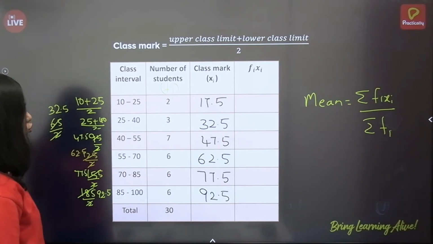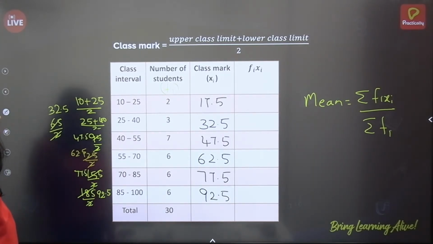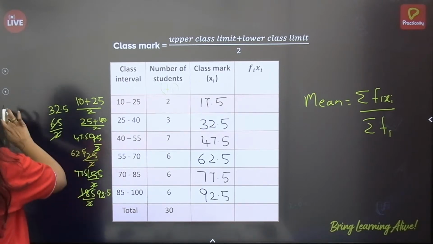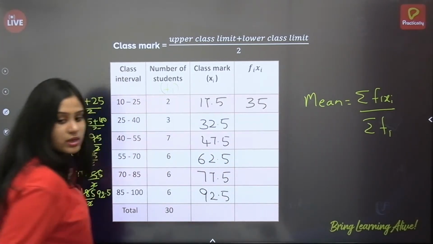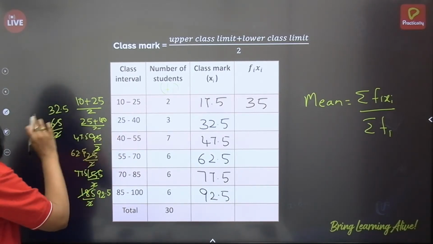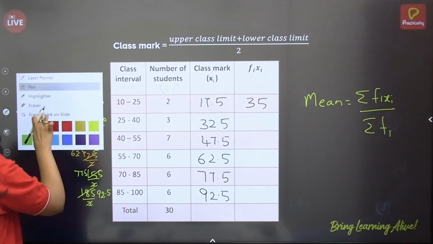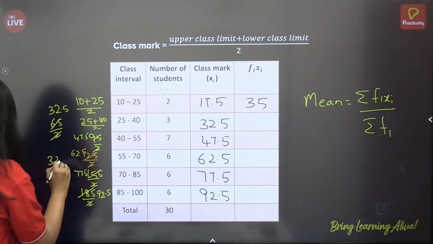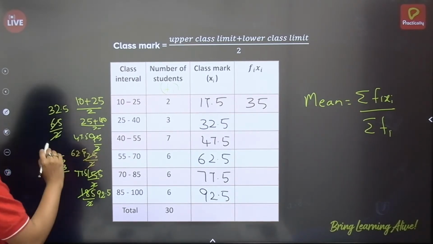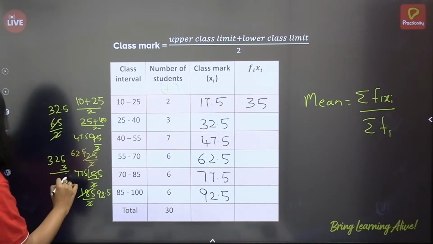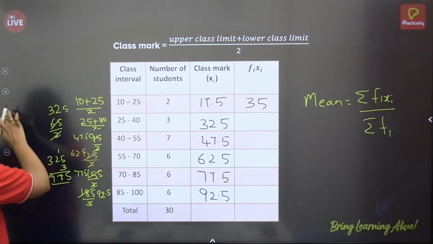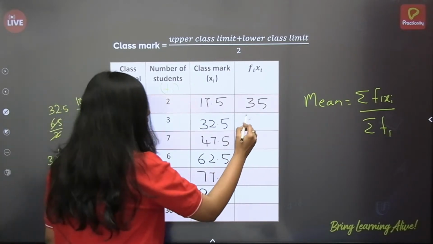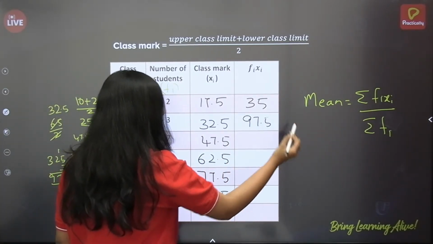17.5 into 2, 35, correct? So let me write 35. Next, 32.5 into 3. Okay, just do the calculation. 97.5. So write here 97.5.